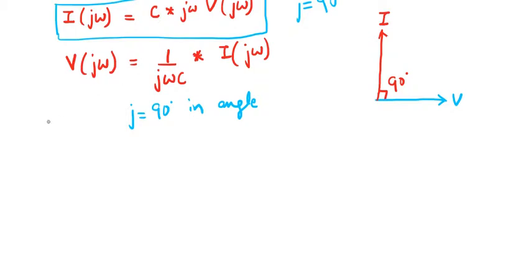The charge stored on a capacitor is proportional to the voltage applied across it. That means Q is proportional to V. When this proportionality sign is removed, then capacitance comes into the picture. This is capacitance.